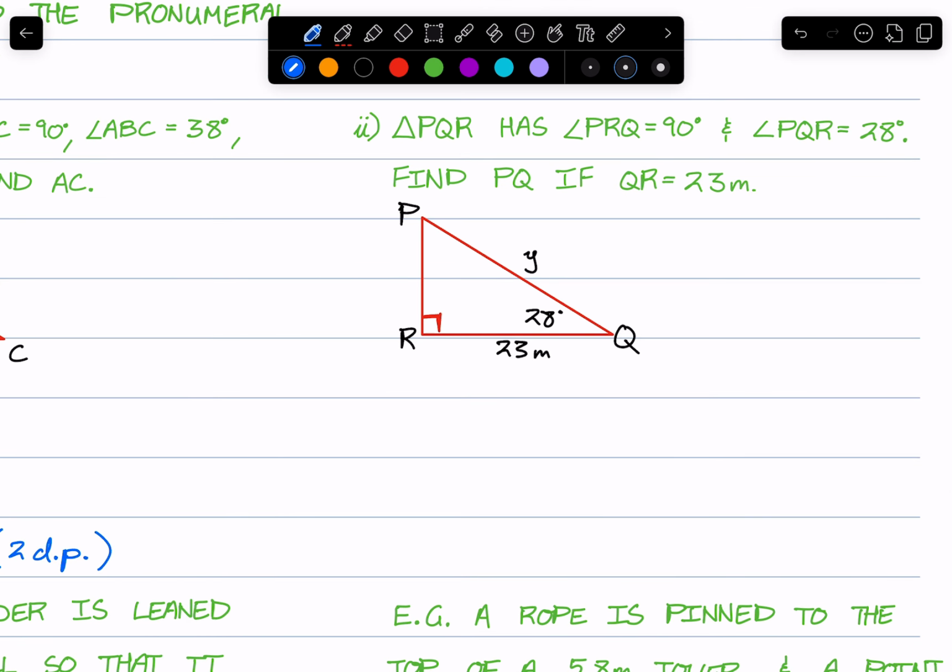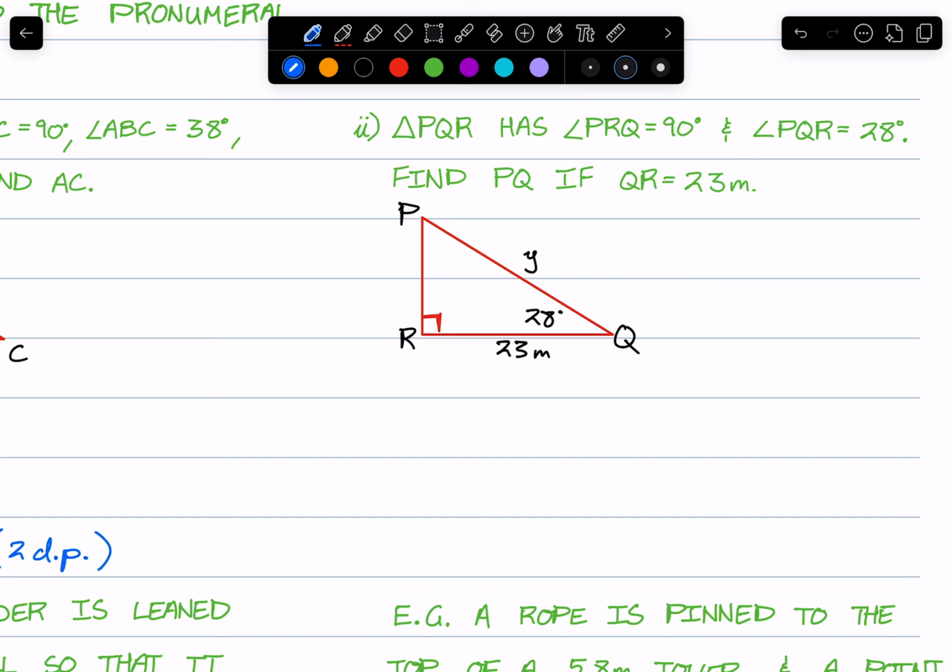Then from here, it's just a matter of trying to figure out, is this sine, cos, or tan? In this case, from the angle, we have this side here, which is close, so this is adjacent. And this side is opposite the 90 degree, so this is the hypotenuse. I hope by now we are very familiar that this is going to be using cosine.